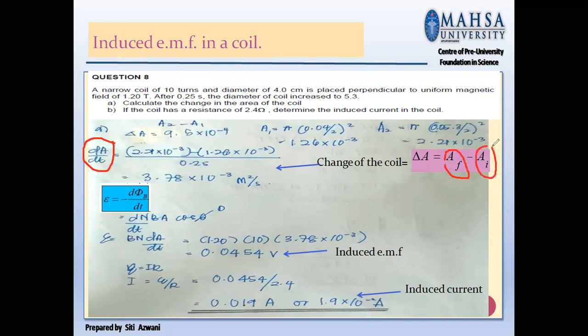You need to calculate one by one the value of the final area and the initial area of your coil. A final minus A initial, divided by the time. So you have a change in the area of the coil.